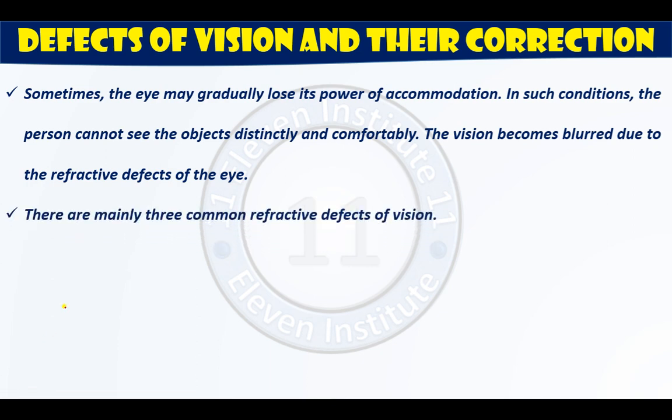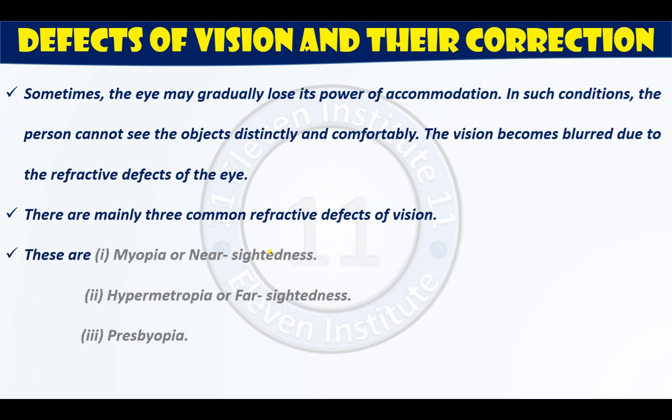There are mainly three common refractive defects of vision: myopia or nearsightedness, hypermetropia or farsightedness, and presbyopia, which is a combination of both or a different condition from these both. In today's video lecture we are going to discuss these three.